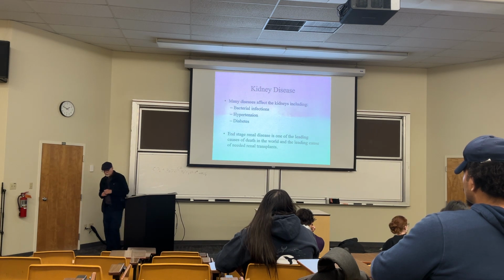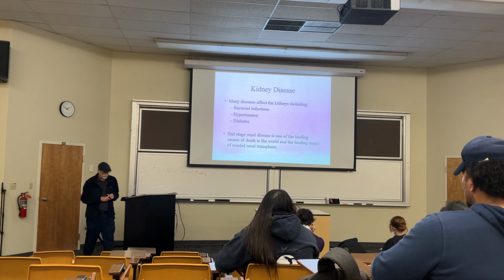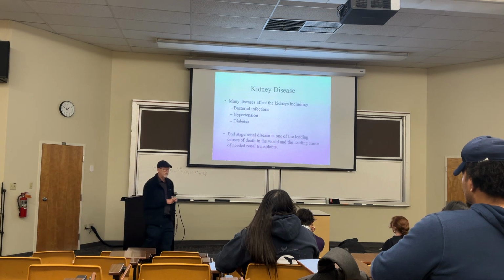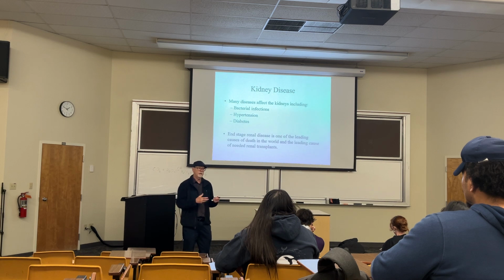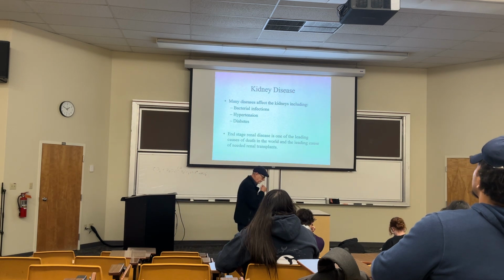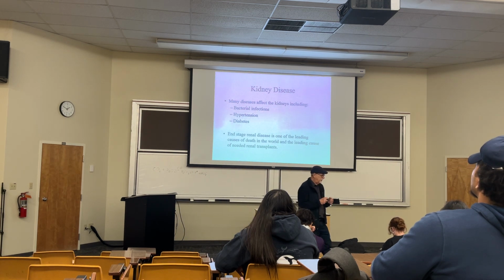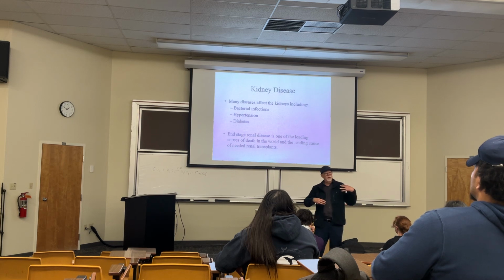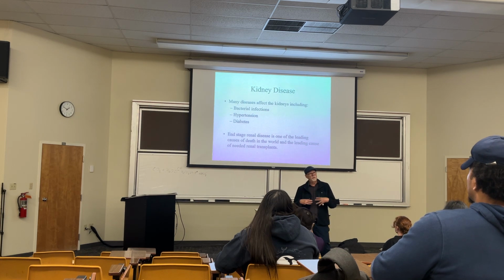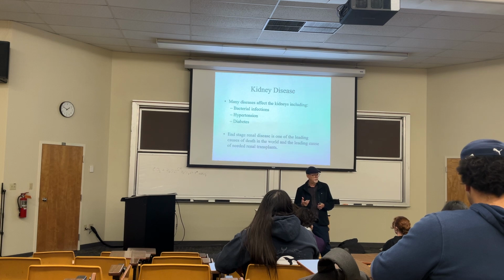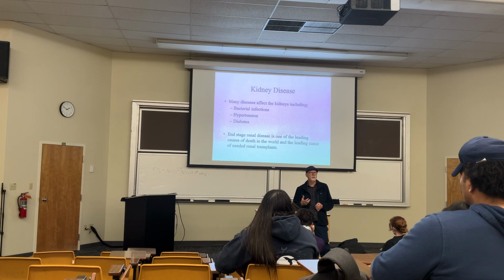A lot of times on a death certificate, it says the patient died of renal failure, kidney failure. This is because when you have other issues, eventually they can cause the kidneys to fail. If you have congestive heart failure, eventually your kidneys are going to fail.